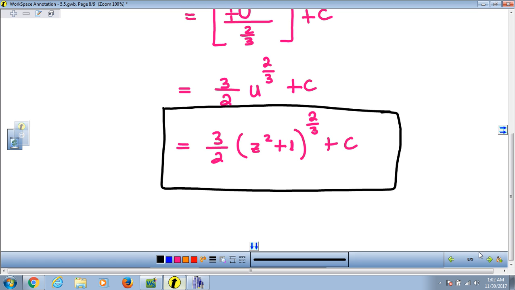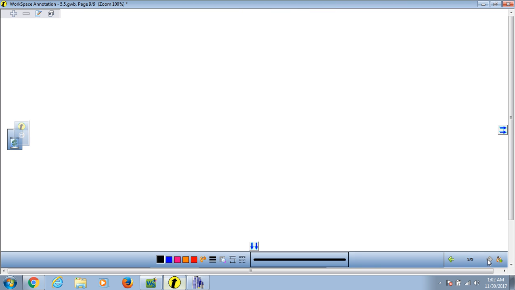Then the next problem is going to be example number 8. So for example number 8, we need to be aware that this problem is going to be about this.